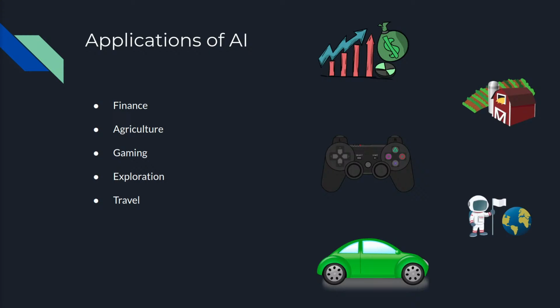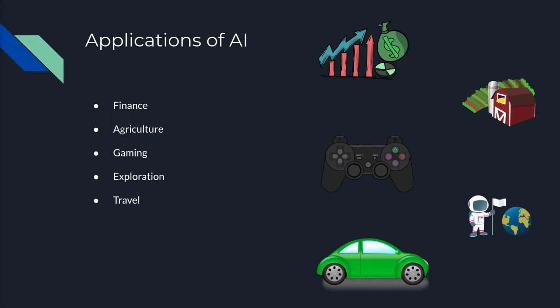Blue River Technology is a company that has recently developed a robot called See and Spray, which uses computer vision and technologies like object detection to monitor and precisely spray weedicide on cotton plants. This is another use of AI that helps in agriculture to manage our resources effectively.